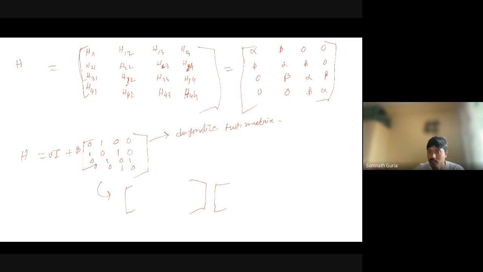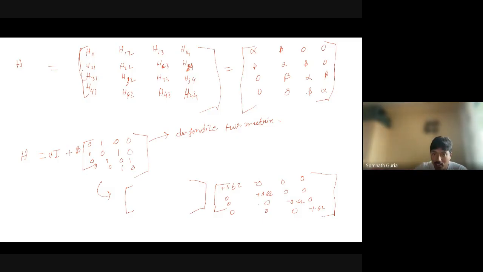And this beta part will be plus 1.62, 0, 0, and this will be 0 plus 0.62, 0, and this will be 0, 0 minus 0.62, 0, and 0, 0, 0 minus 1.62.